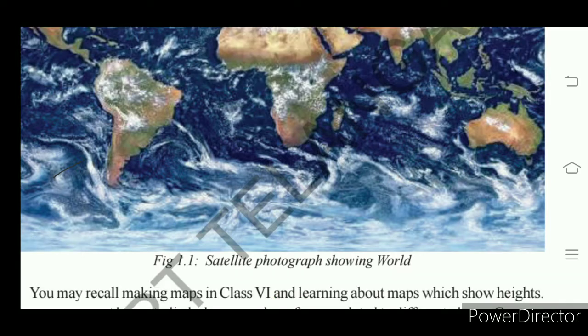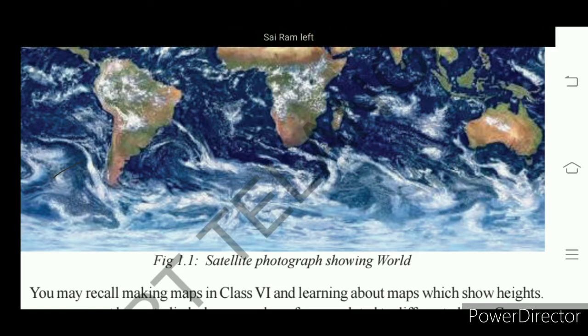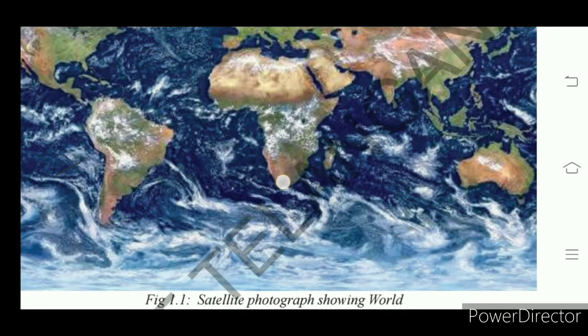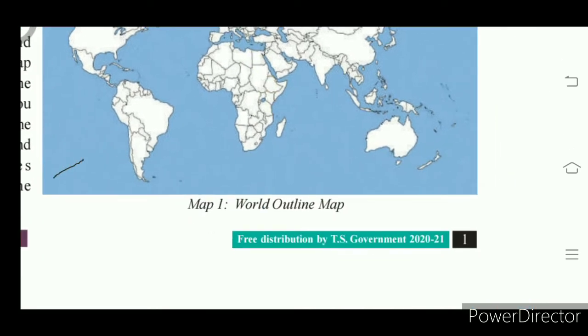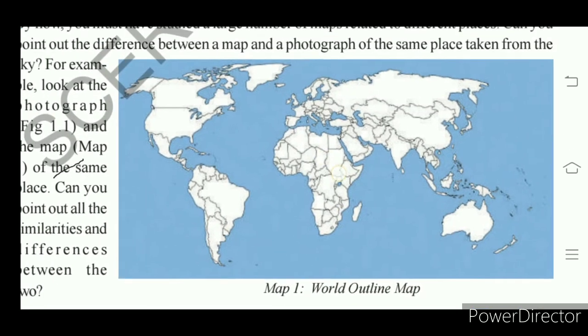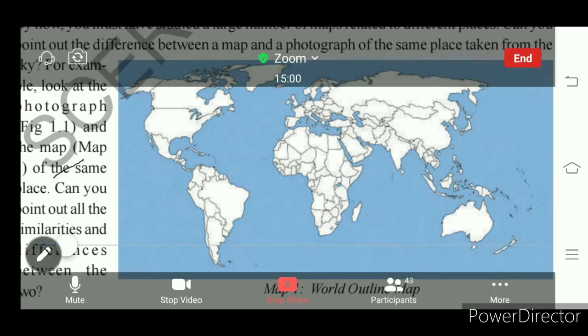So a photo may not be able to show how much it rains there, how hot it gets, and what languages they speak here, right? That is why people make different kinds of maps depending on the purpose, right? Look at that. This is the world map.